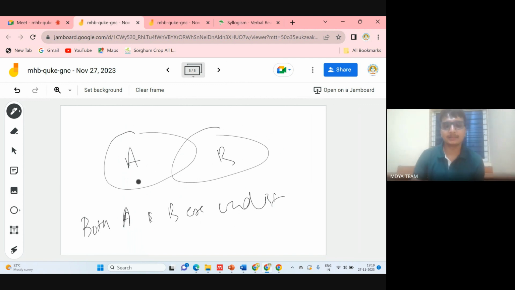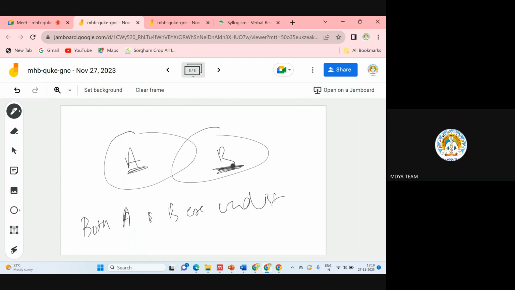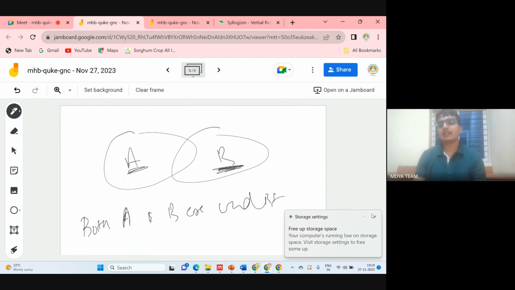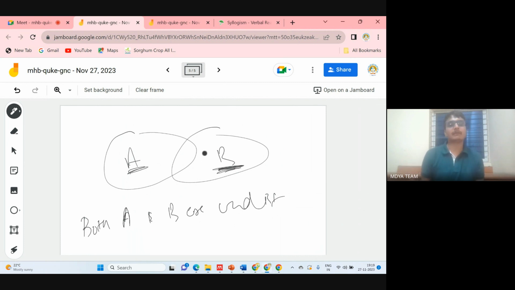That's why A is undistributed, and similar things apply to B. If there is an intersection, or any Venn diagram in which part of the population is in an entity and part of the population is not in that entity, then we will call it undistributed.